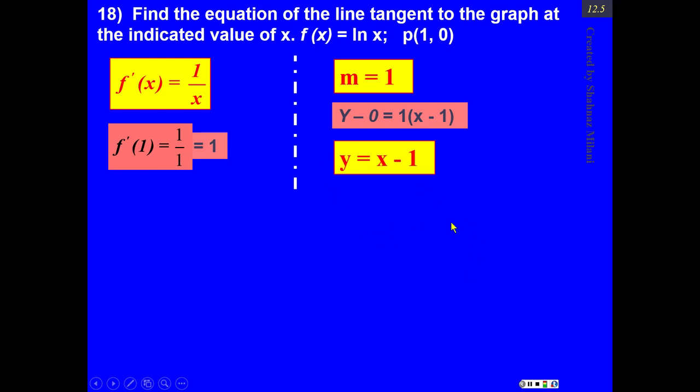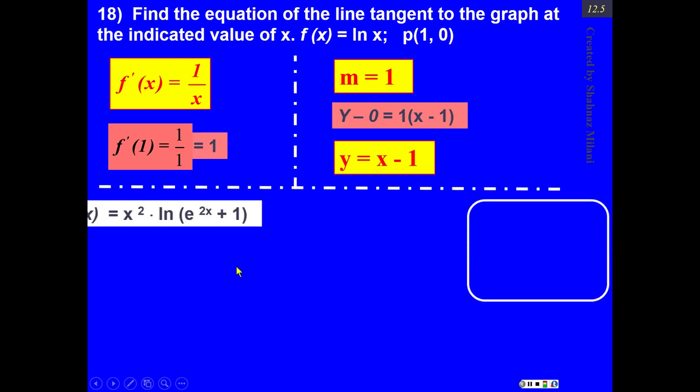In the same PowerPoint, I will go over problem number 13. Problem number 13 involves the 3 rules of the derivative. The first one, I have x exponent 2 times natural log. It means I'm dealing with the product rule.